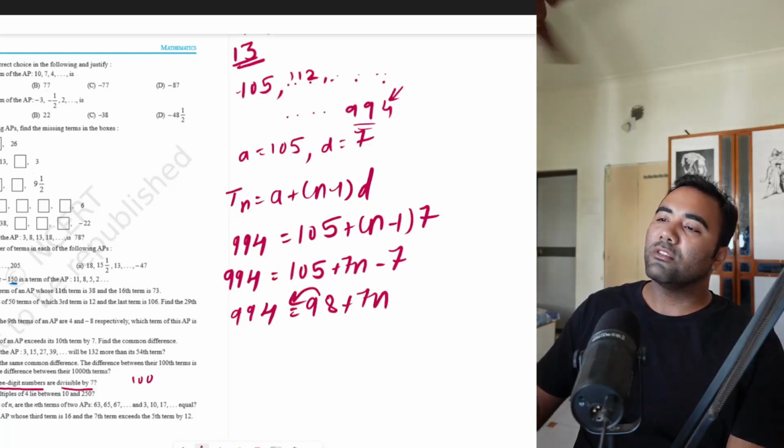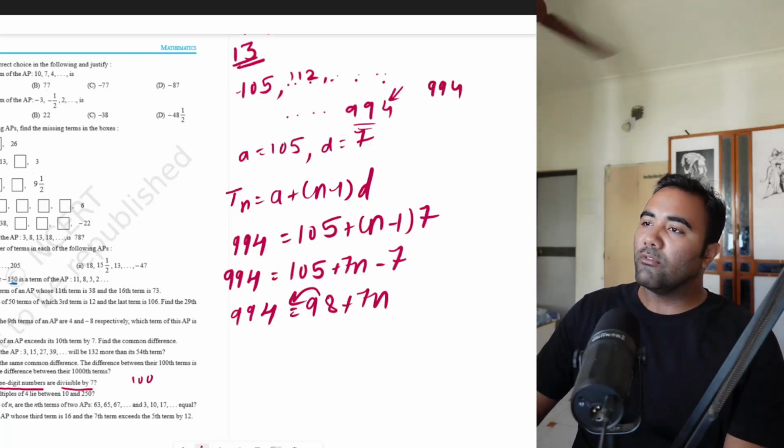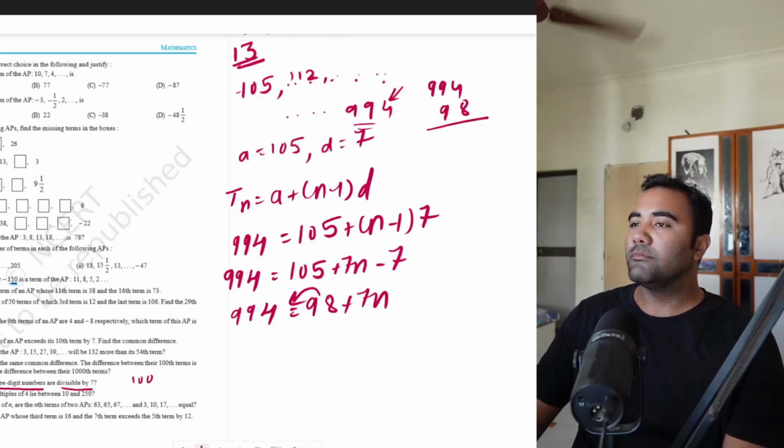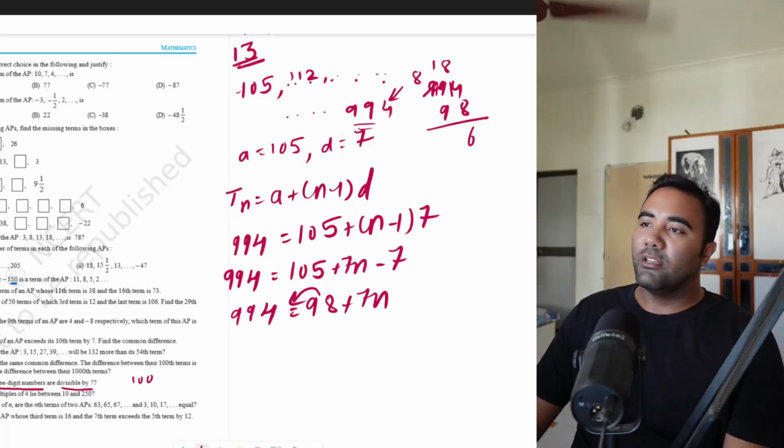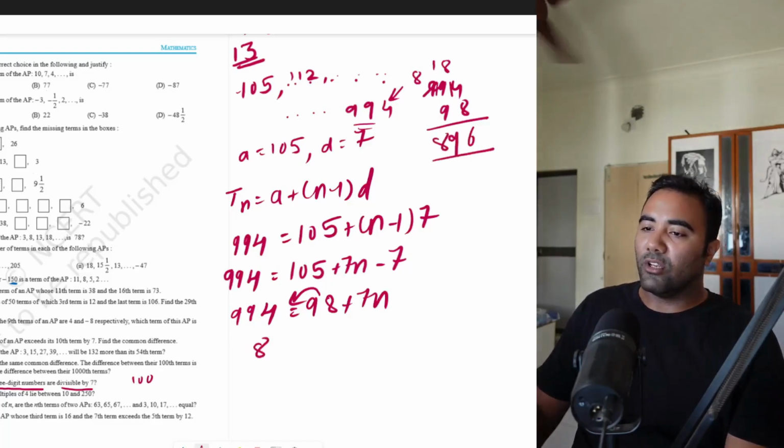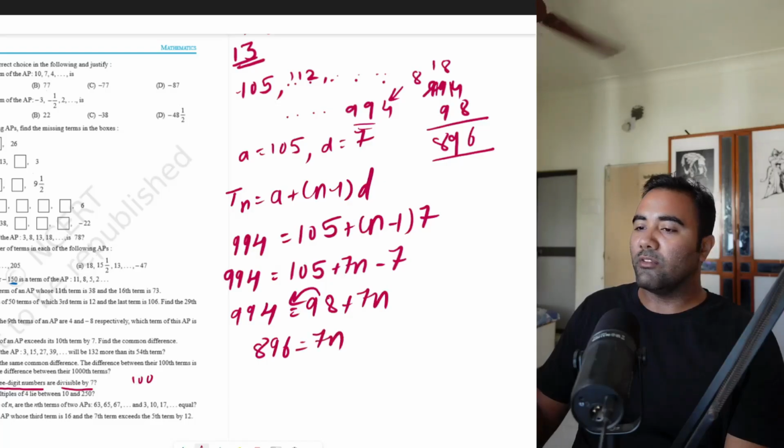98 goes this side, so 994 minus 98. Some students also have trouble with calculating this subtraction. 14 minus 8 is 6, 9 minus 9 is 0, 8 is left, so 896. So 896 is equal to 7n.